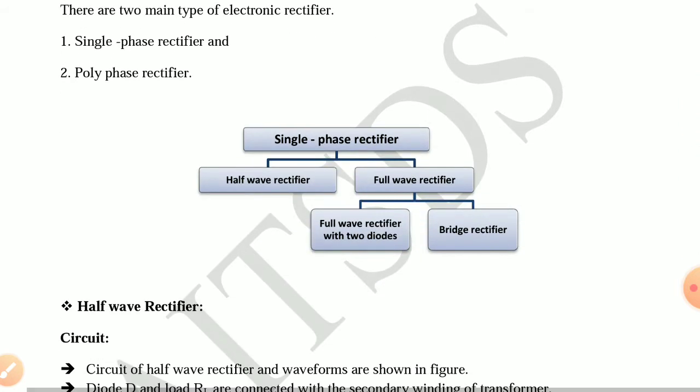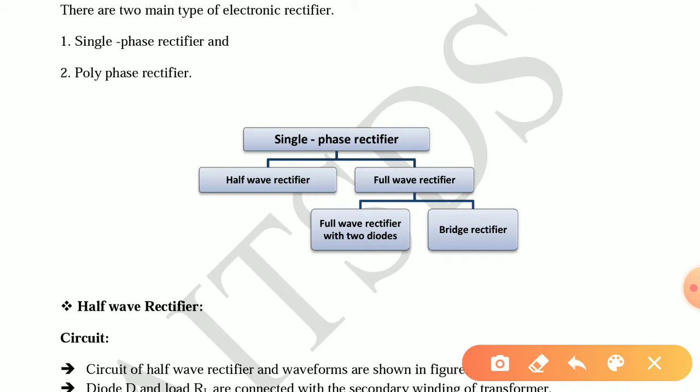So first we discuss the types of rectifier. Mainly there are two types: one is single phase and the second is polyphase rectifier. In our syllabus we discuss only the single phase rectifier. Single phase rectifiers are of two types: one is the half wave rectifier and the second is the full wave rectifier.